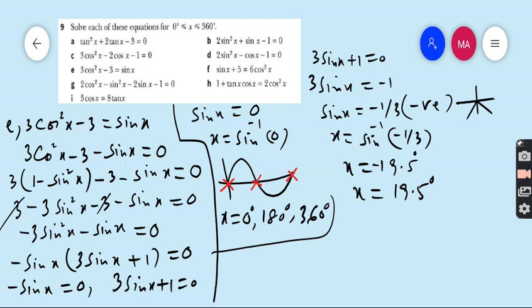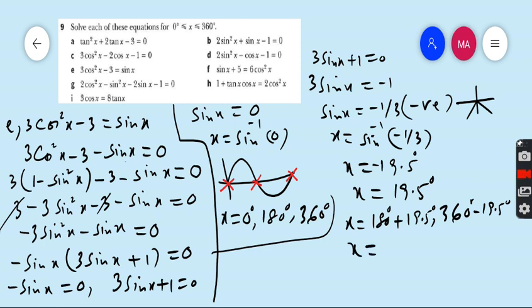We need to find the angles in third quadrant, so we should add this 19.5 to 180, and for fourth quadrant we should subtract this from 360.